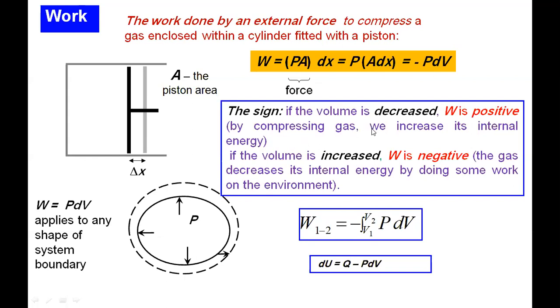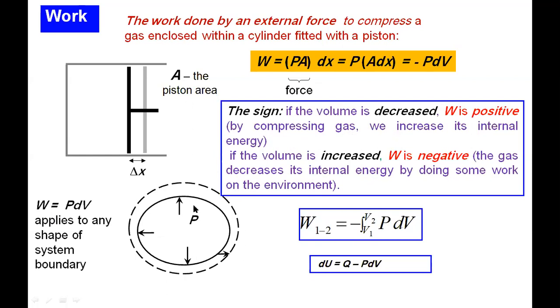So in this case the internal energy will increase. If the volume is increased, W is negative. The gas decreases its internal energy by doing some work on the environment. So work equals minus P dV and applies to any shape of the boundary.